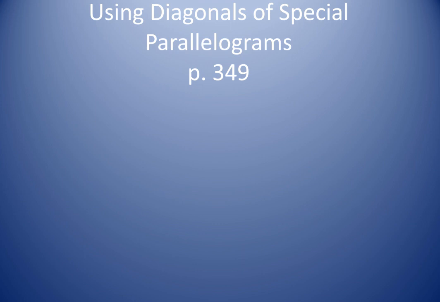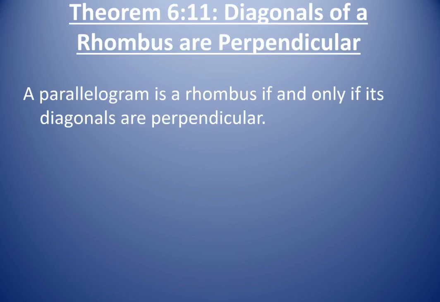Yesterday we talked about special parallelograms, the rhombus, the rectangle, and the square. So today the theorems are going to be on those 3 figures. You will recall a rhombus is a figure that has 4 congruent sides. So again, I'm going to have to get used to writing on this really slick tablet, but we have rhombus ABCD. We know the sides are congruent.